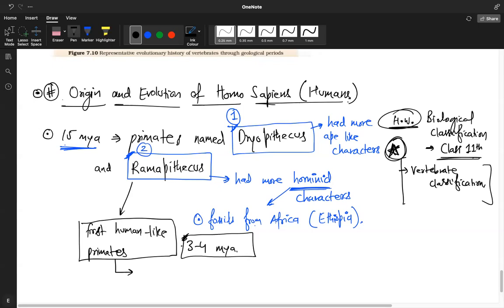So the human genus, Homo genus, is not older than 3.4 million years ago.